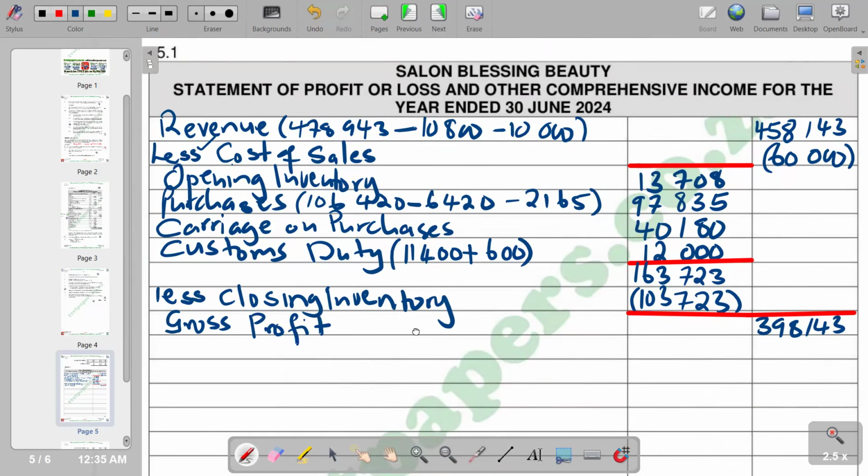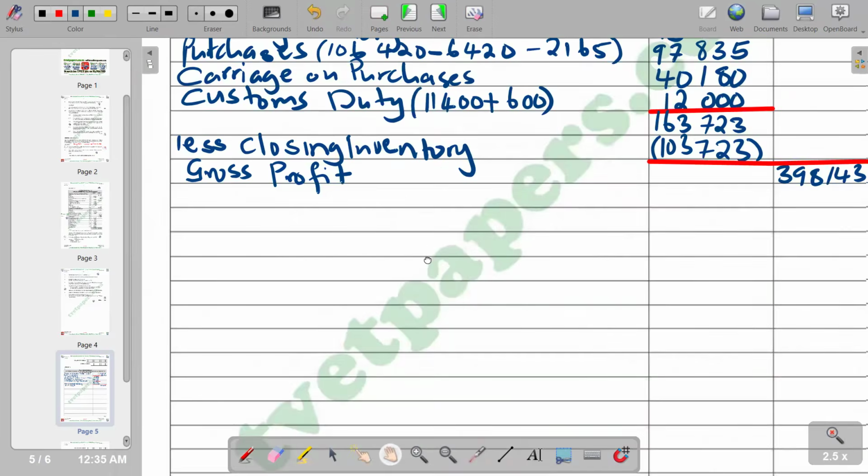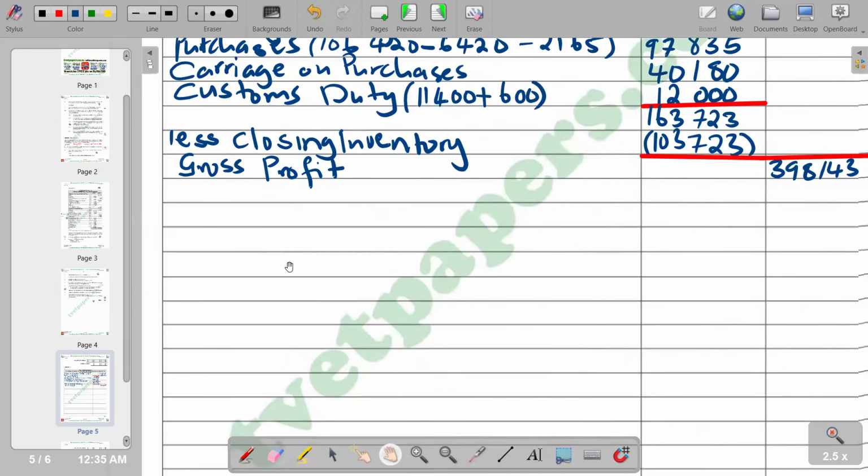Okay, so this is what we have. So with that, from our gross profit, we are supposed to go to the other income section. So on the other income section, we check the incomes that we have in the question.